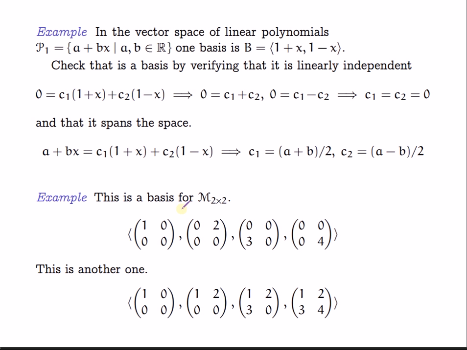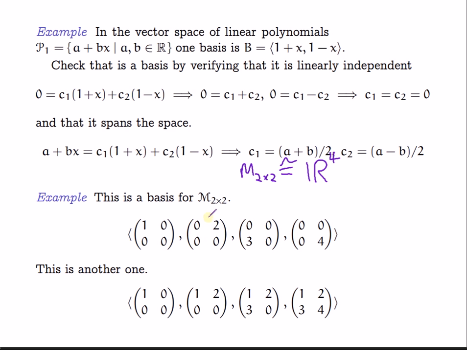All right, now here we have a basis for the 2 by 2 matrices. And I also want to point out that 2 by 2 matrices are very similar to 4-dimensional vectors. I write this as 1, 0, 0, 0 in a square form. Now I could instead identify this with a 4-component vector 1, 0, 0, 0.